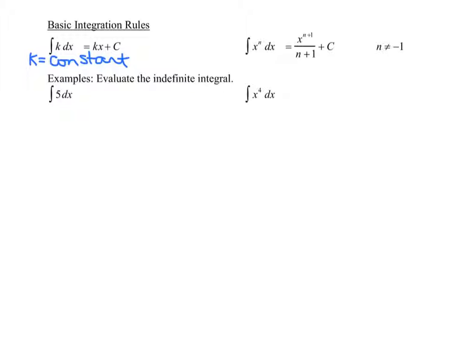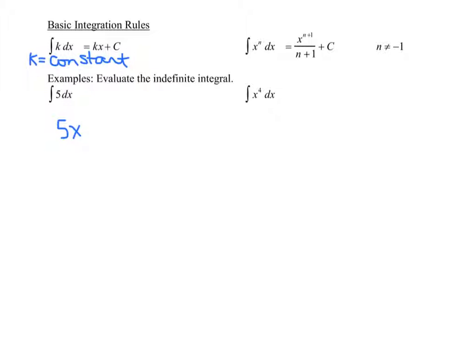Now c is another constant, and let's talk about where that comes from. Well, if you just kind of think about it, we said the process of integration is going backwards. So really, the process of integration is saying, what would I have had to take the derivative of in order to give me back 5? So hopefully you're kind of thinking about this and you're saying, the derivative of what is equal to 5? Oh, well, the derivative of 5x is equal to 5.